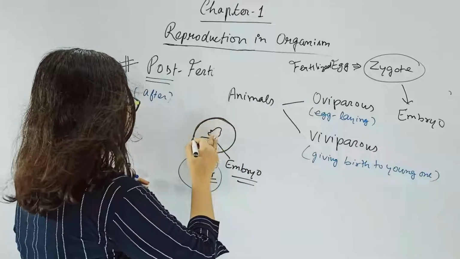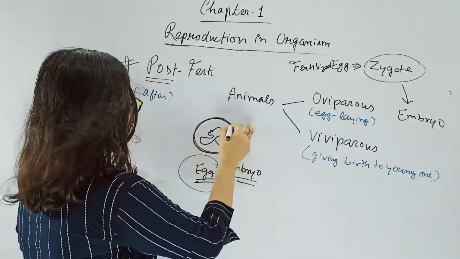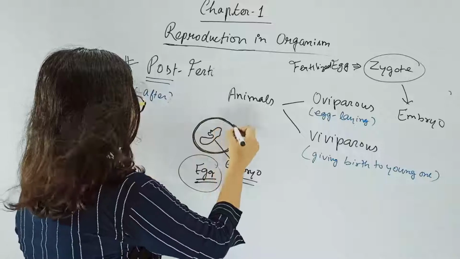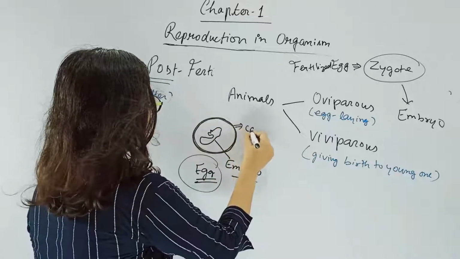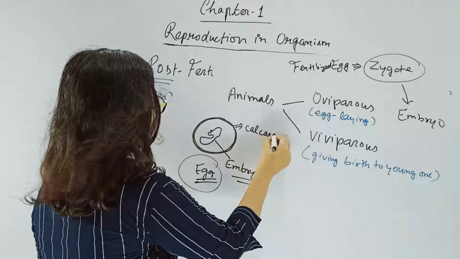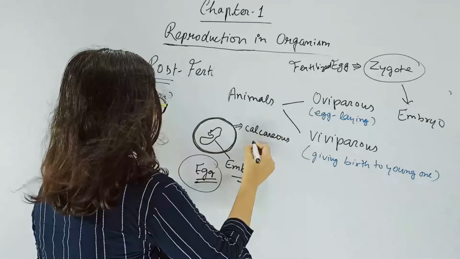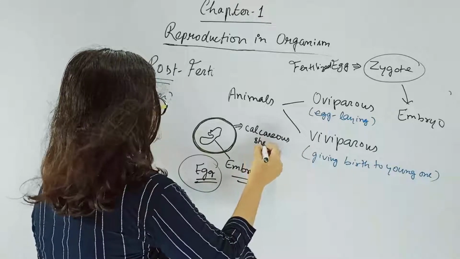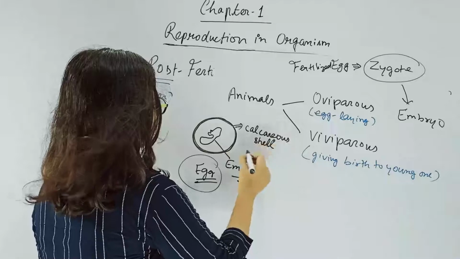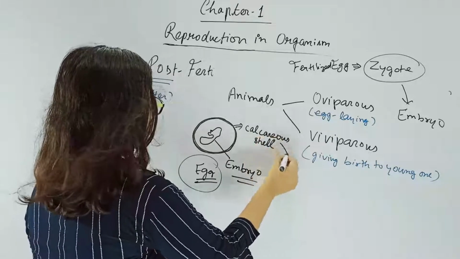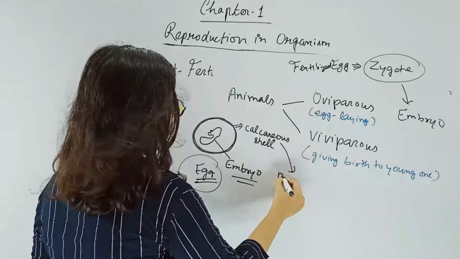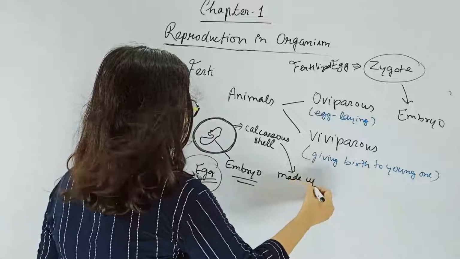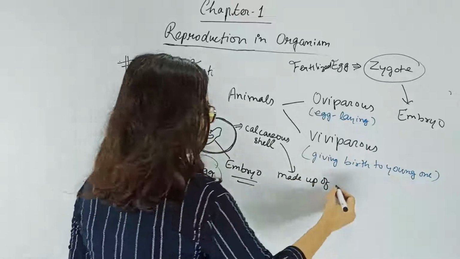The white thing that you see in the egg is calcium. Because of the calcium, it is termed the calcareous shell. Calcareous means made up of calcium.